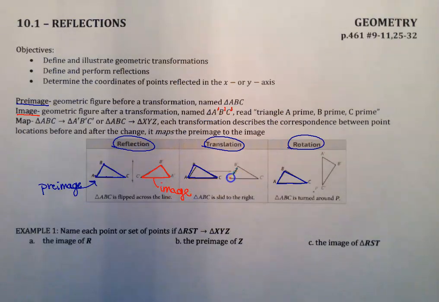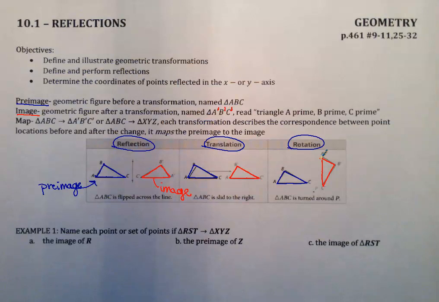This one we just moved over in a translation and then a rotation. So the red ones are the image. The pre-image is like the original. The image is the secondary one. That's why it has the prefix pre.